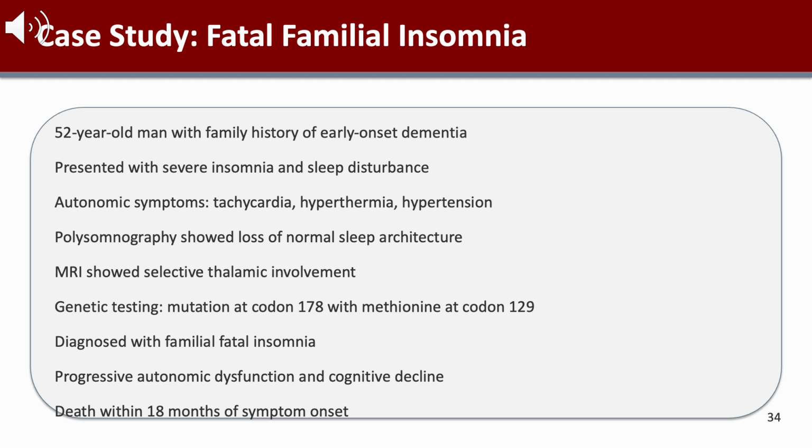Magnetic resonance imaging showed selective involvement of the thalamus, particularly the anterior ventral and mediodorsal nuclei. Genetic testing revealed a mutation at codon 178 of the PRNP gene with methionine at codon 129, confirming the diagnosis of fatal familial insomnia. He experienced progressive autonomic dysfunction and cognitive decline and died within 18 months of symptom onset.